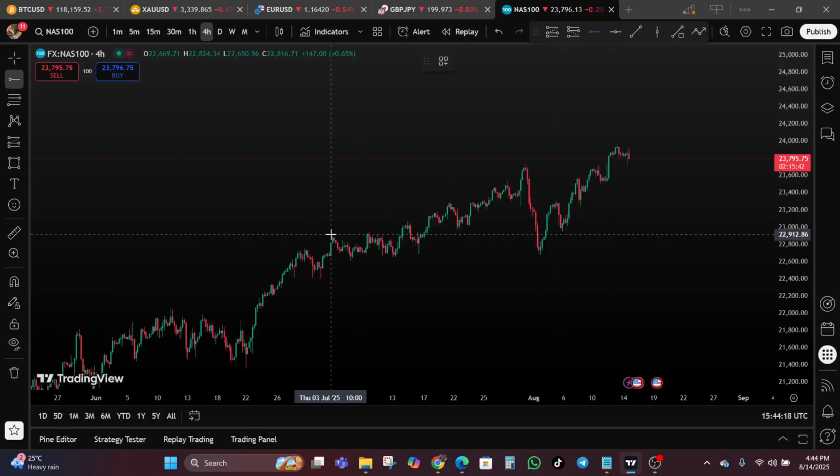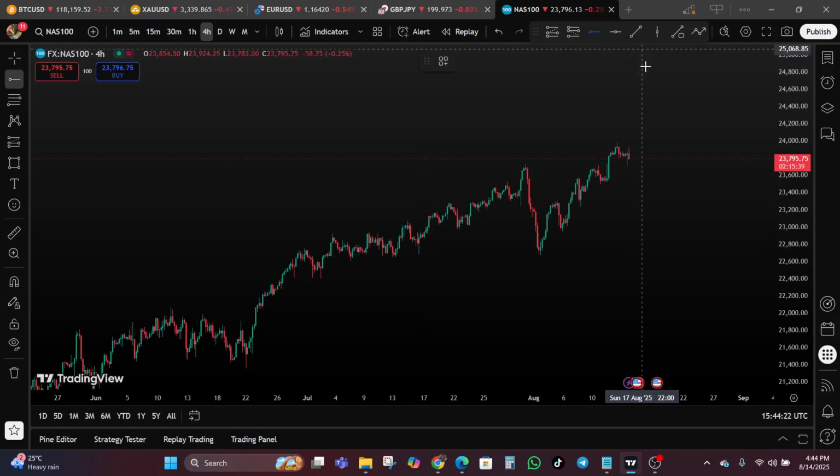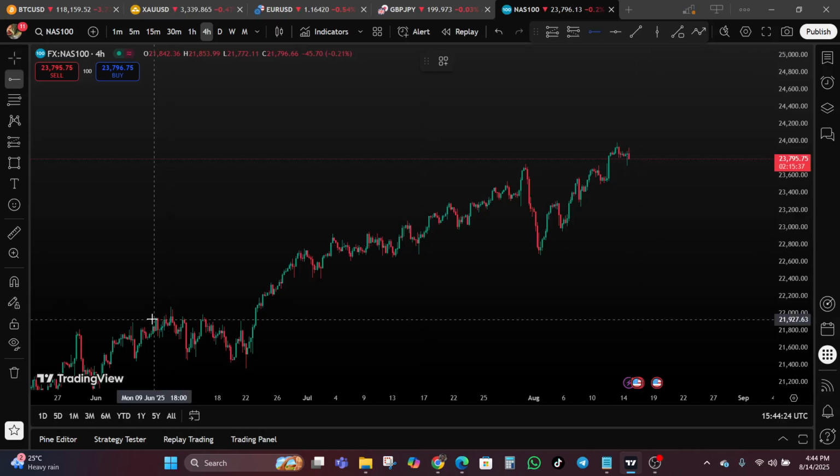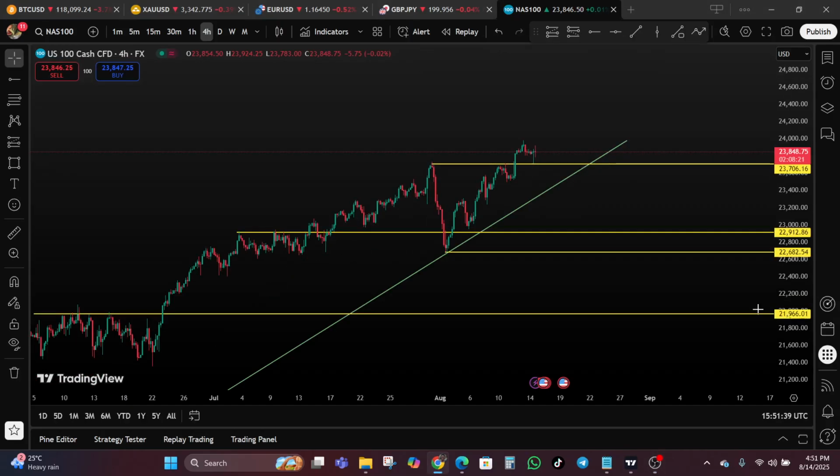So you have to mark those important levels on your chart, those levels where price got to and got rejected. Okay, you mark those support and resistance levels, you mark your liquidity zones and areas of previous strong reactions. So these levels will guide your trade setups.